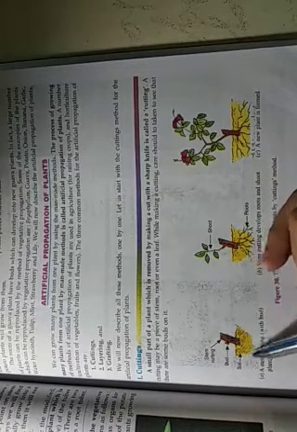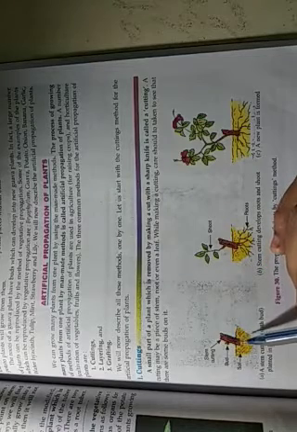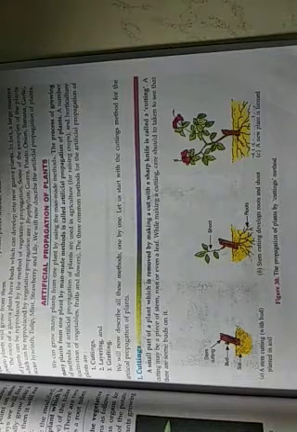So this is an example of stem cutting, with bud and soil. It includes that part of the plant which has a small bud. If this bud is not present in the cutting part of the plant, then the development of a new plant is not possible.